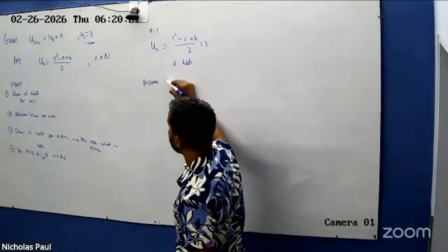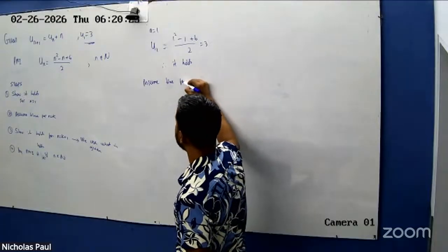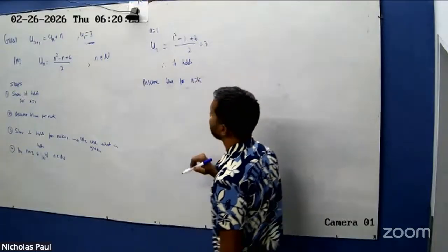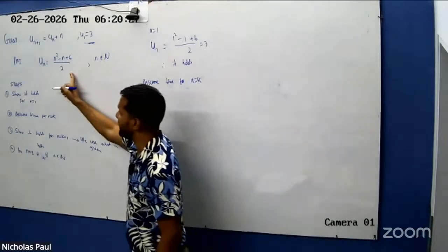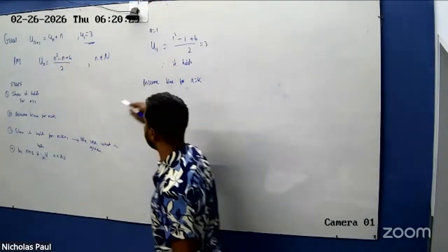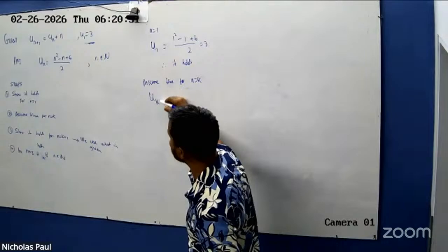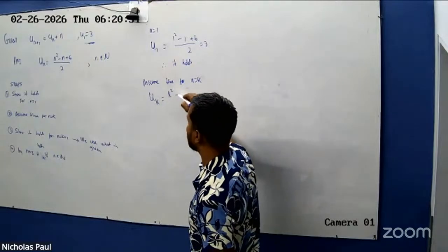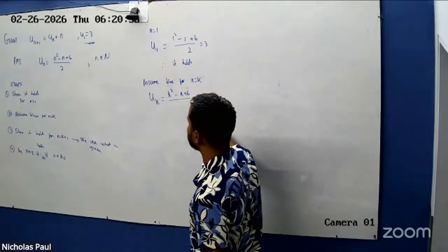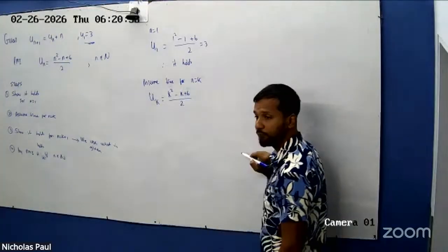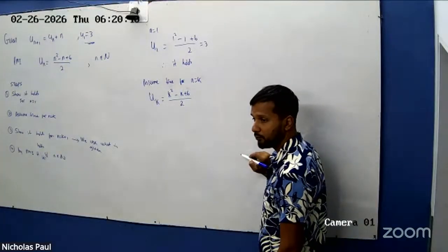We have to assume true for n equal to k. So I am using this and I'm going to replace n with k. So I'm going to get uk is equal to k squared minus k plus 6 all over 2. Right?